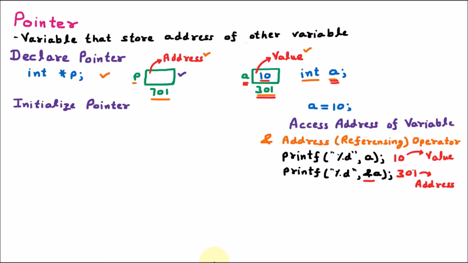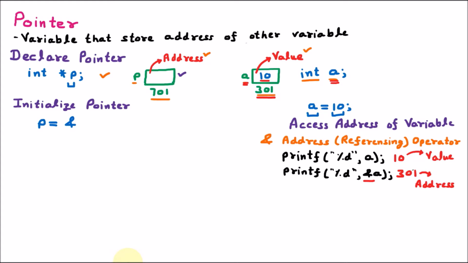Now we can initialize the pointer. Just like the variable, first we use the name, so here we take the name of the pointer, which is P. Now P will be equal to, where we initialize a variable with a value, here we are initializing with an address. How can we find the address? By simply writing the address operator and afterward the variable whose address we want.